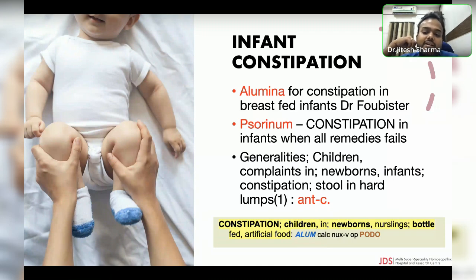Now, newborn constipation, where the stool is in very hard lumps, you can think of Antimonium crudum. And now constipation in bottle fed: there is Alumina as well, Calcarea carb, Nux vomica, Opium, and Podophyllum.